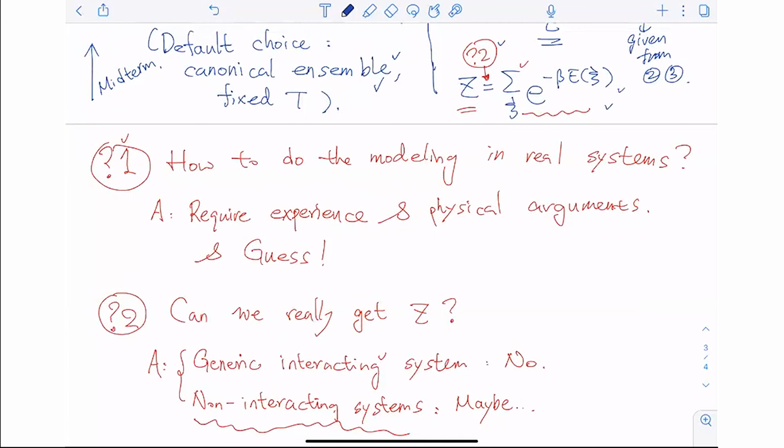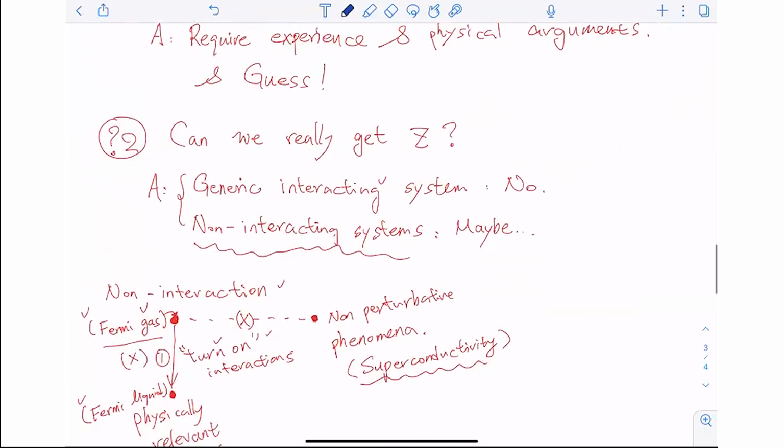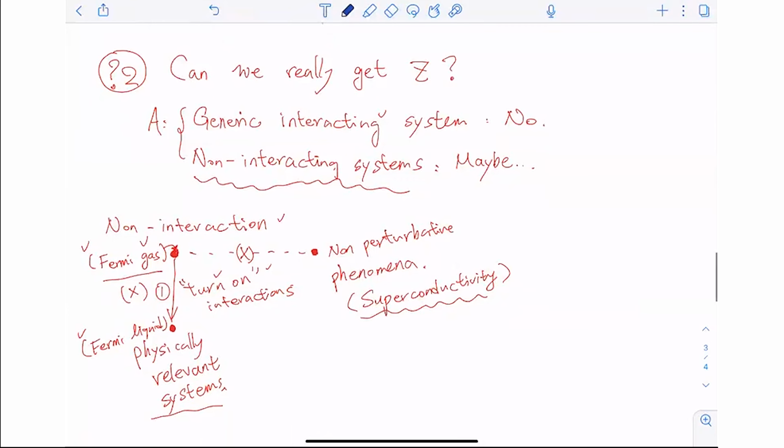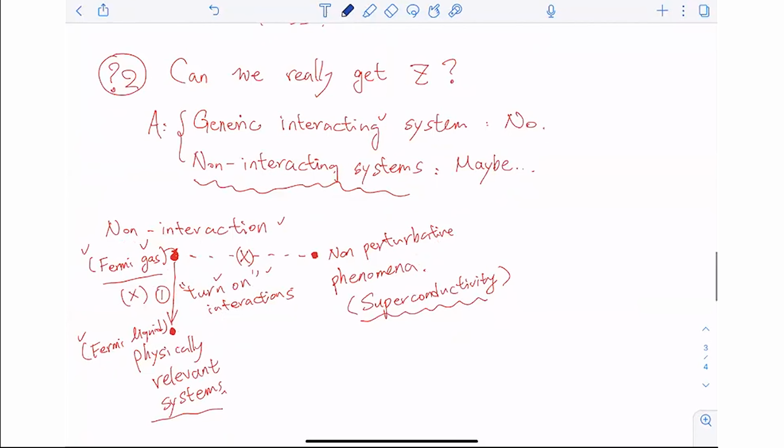And it turns out that the answer is quite non-trivial. For generic interacting systems, usually the answer is no. And for the non-interacting system, the answer is maybe we can do that. Okay. So we will discuss the non-interacting system from now and see why this answer is maybe.